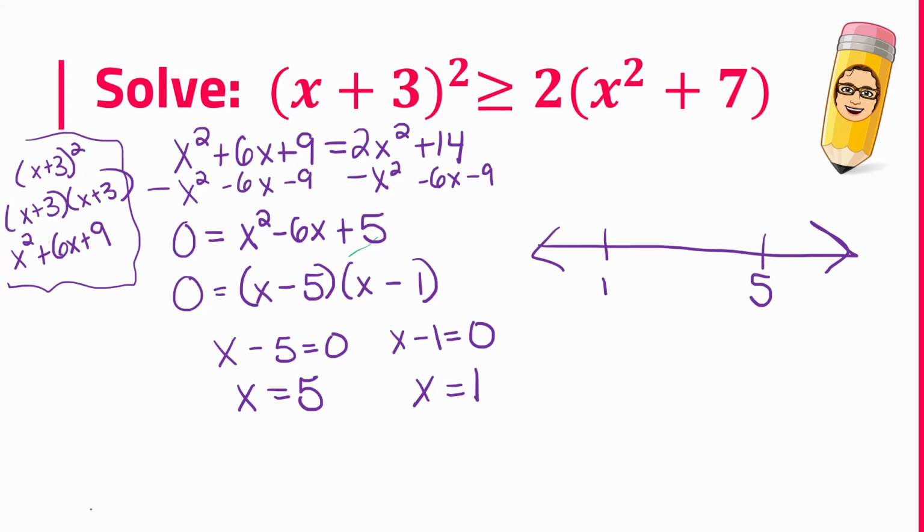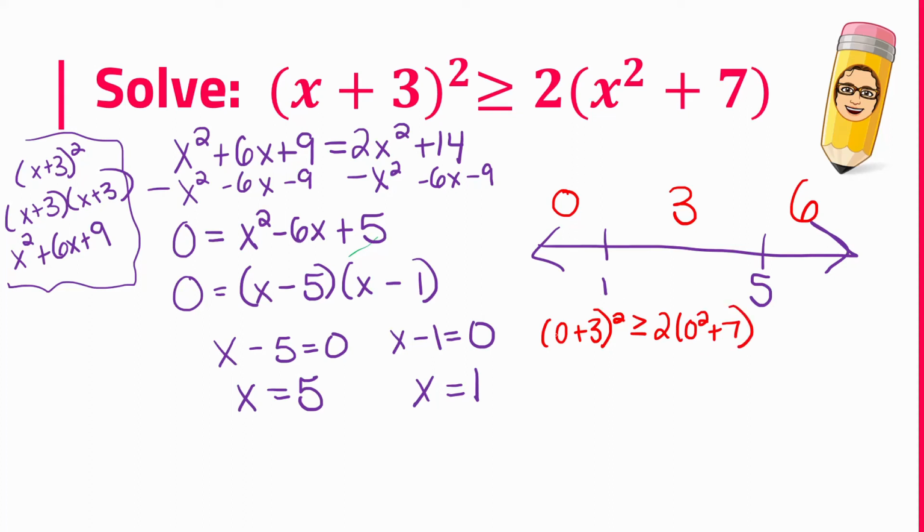Now I'm going to pick some numbers that are between 1 and 5 and some outside guys. So 0 is definitely less than 1. We're going to go 3 in the middle, and then we're going to go 6 on the outside. So now, gross, right? I'm going to have to plug them all into this inequality. That's all right. We got this. So (0 plus 3) squared is greater than or equal to 2 times (0 squared plus 7).